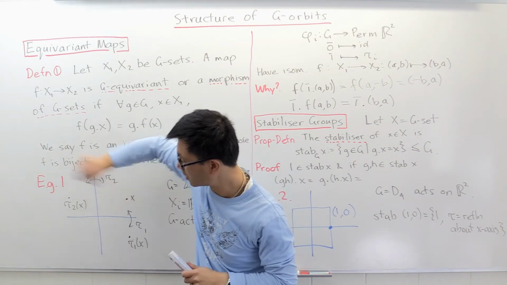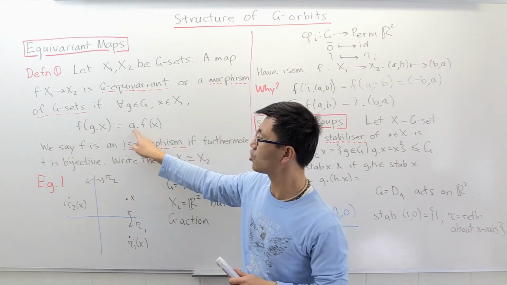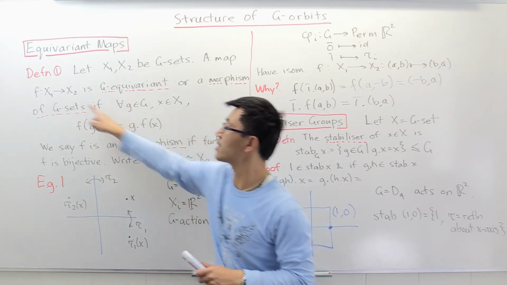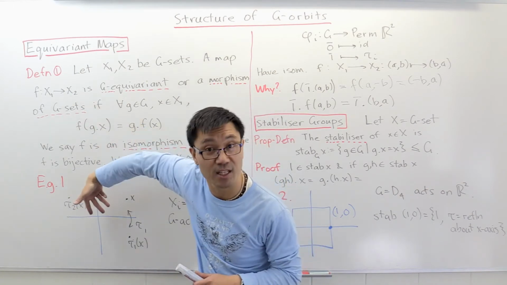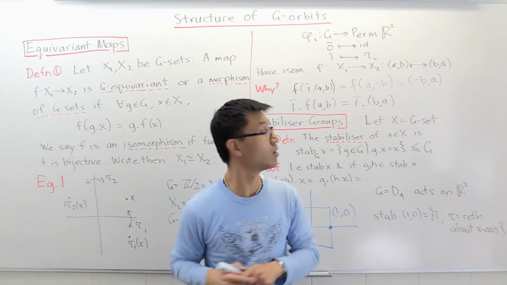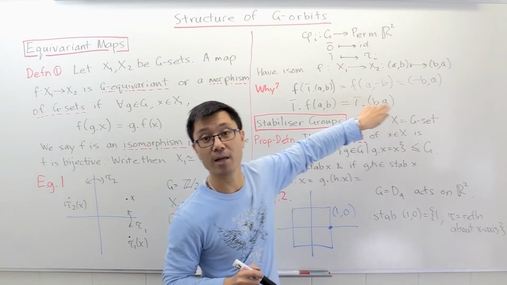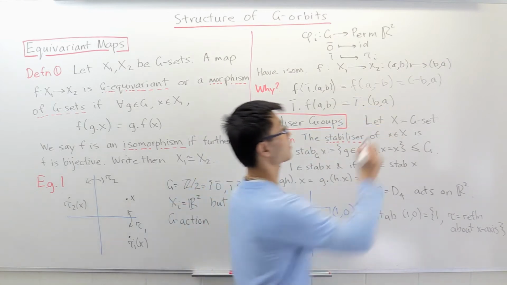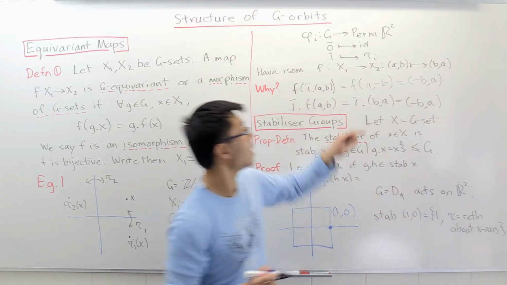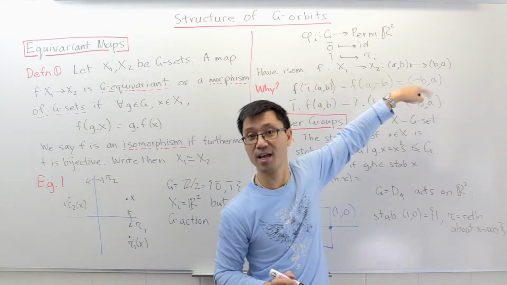Remember that the action g dot here and the action g dot here are different. This one is inside x1, this one is inside x2. So we're using the one inside x2 now, and there you change the first coordinate to its negative. So this first coordinate becomes minus b and the other one stays the same. That equals (minus b, a). And so we do find that these two are indeed equal.